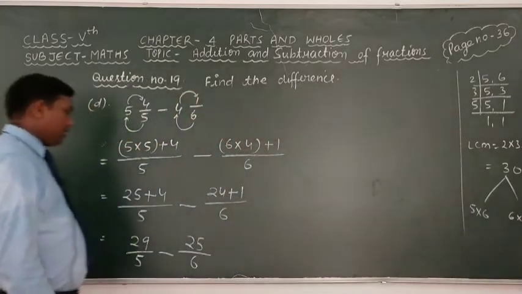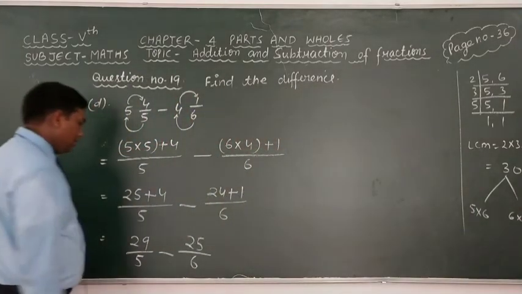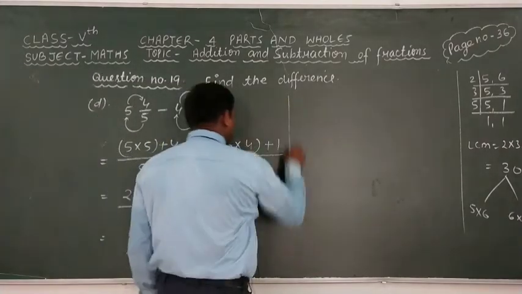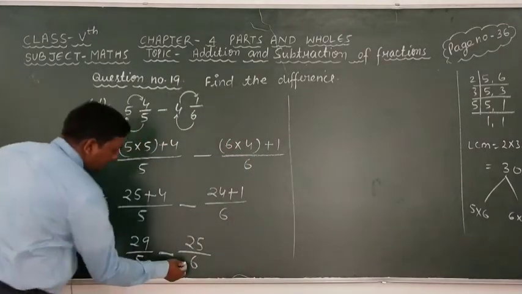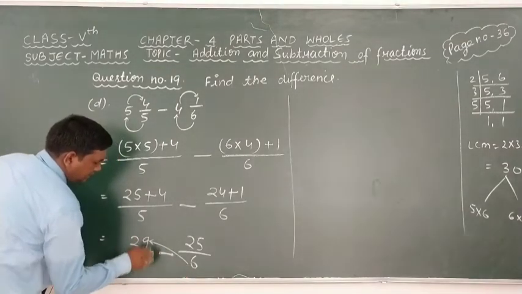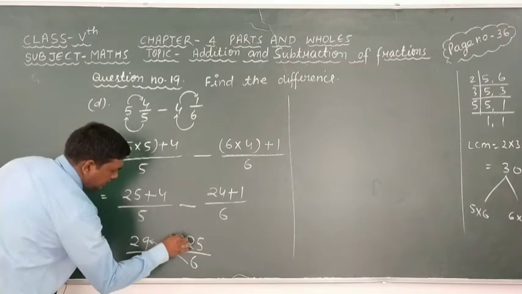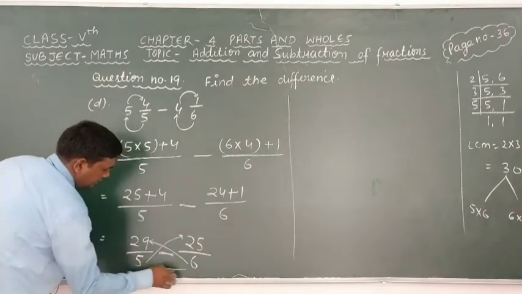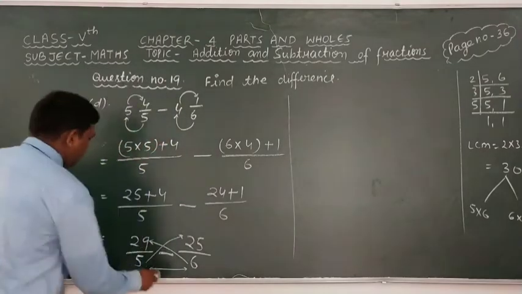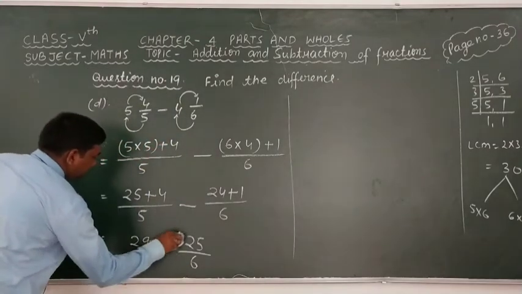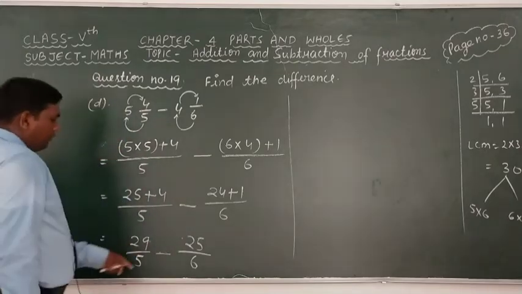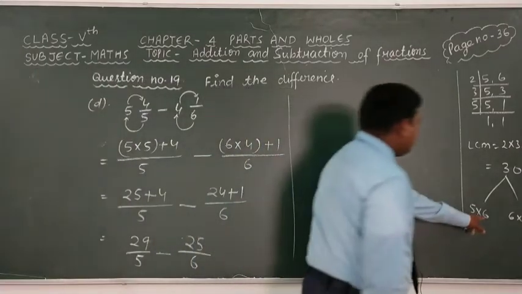Therefore, here we use the cross method. It means that we have to take the multiplication by this and this and this. Look at here carefully. Here we use only this method.